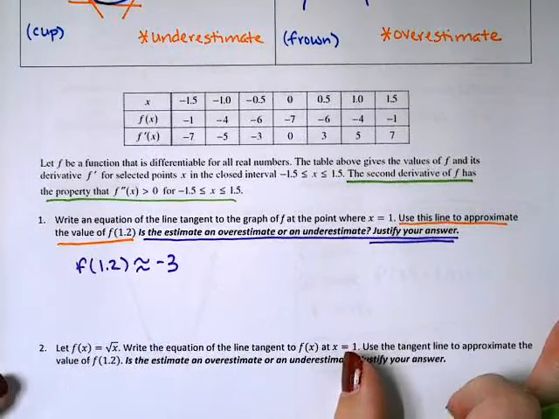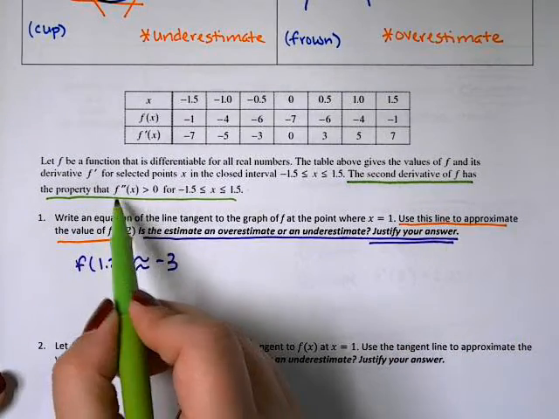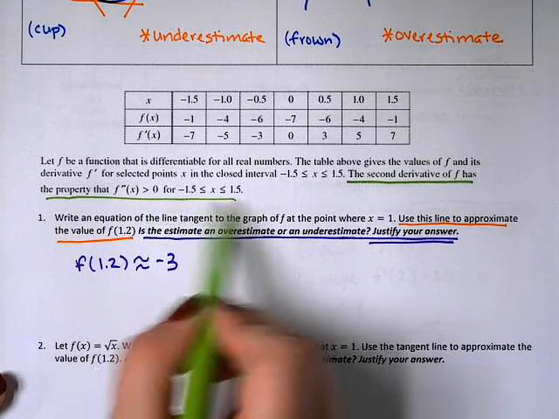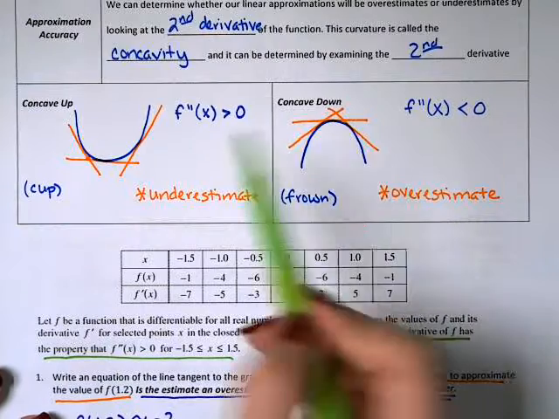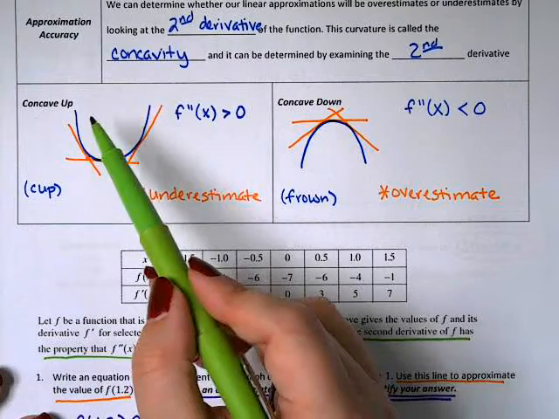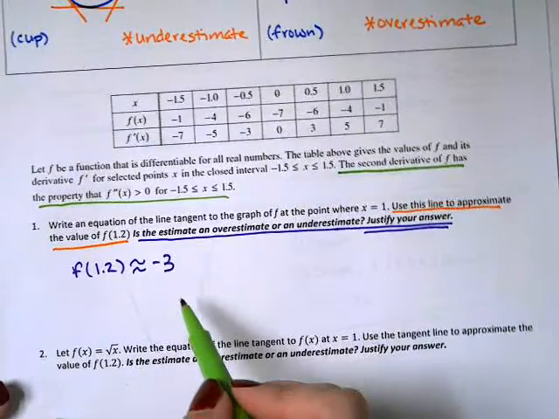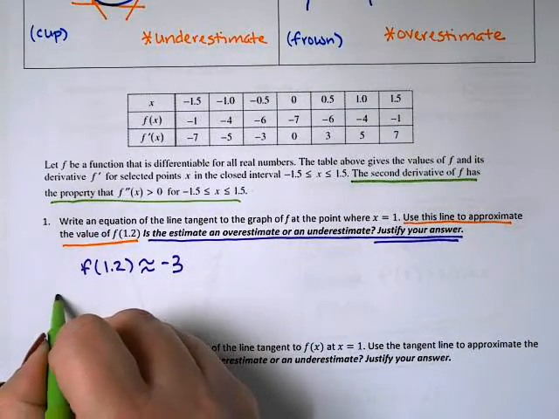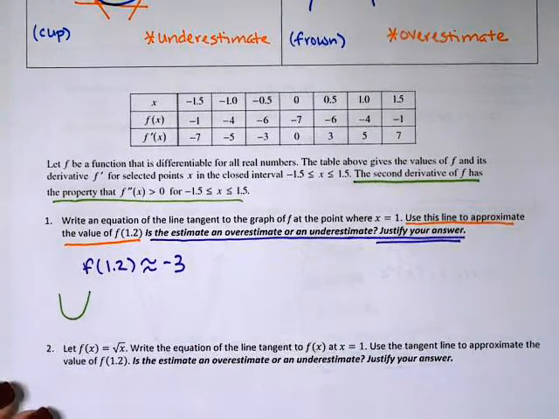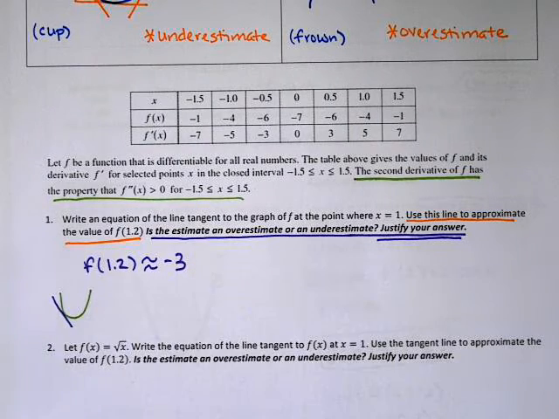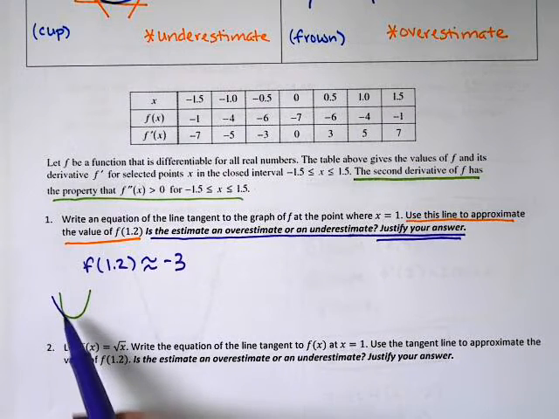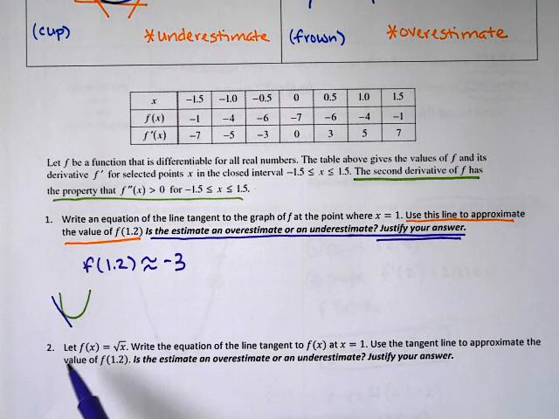So this says that the second derivative of f has the property that f double prime is greater than 0 on this interval. So if f double prime is greater than 0, we said that means the function is concave up. So if I were you, I would come down here and draw a picture of a function that is concave up, and then draw a tangent line. We can see that that tangent line is underneath my actual function, which means that this must be an underestimate.